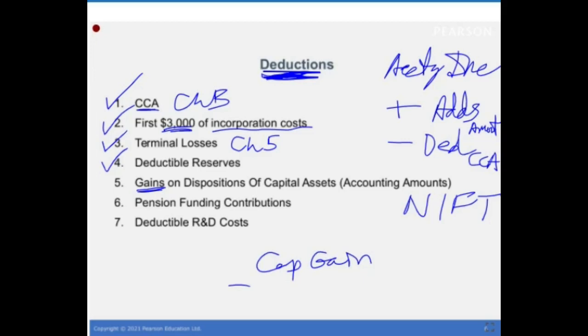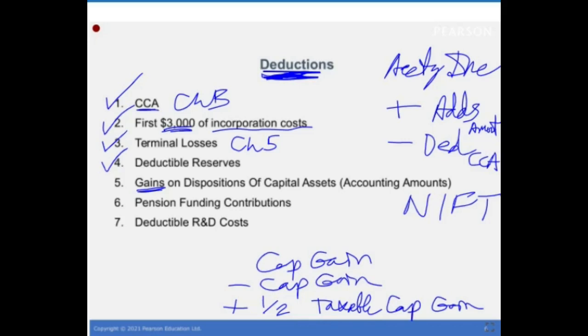So we are going to deduct that entire capital gain, and then we are going to add back 1/2, which is the taxable capital gain. So one thing I'll note here, the way this works is exactly as the form Schedule 1 works.